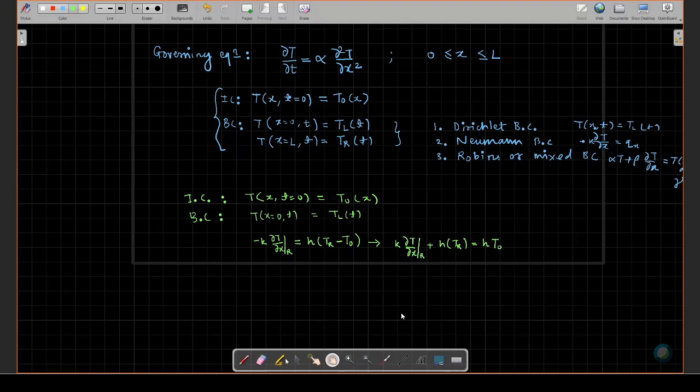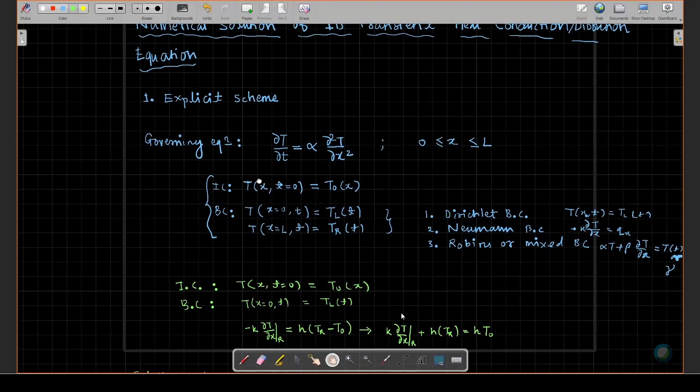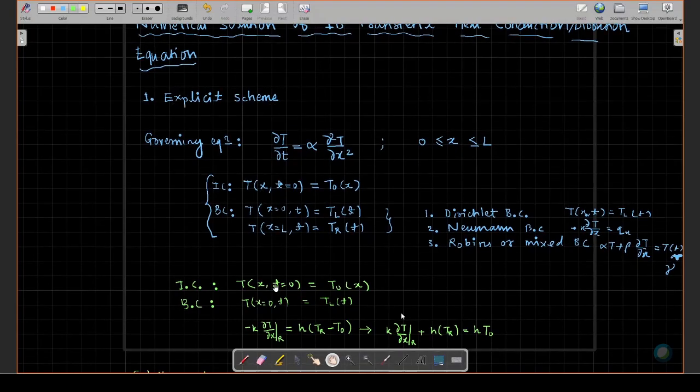So to get the solution, the first thing is to choose a solution scheme. And we have already said that we are looking for something like an explicit scheme.